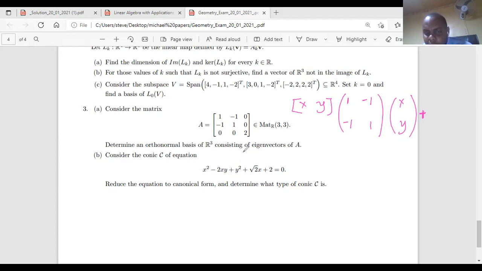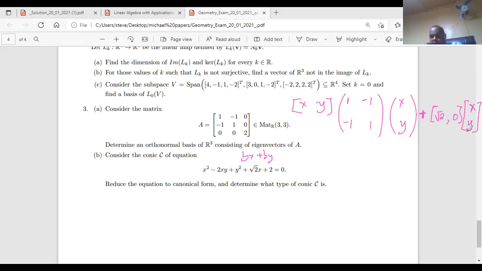For the b part, this is px plus by, so this is going to be the square root of 2, 0, 0, times (x1, x2). Yes, just x2, it would be y.